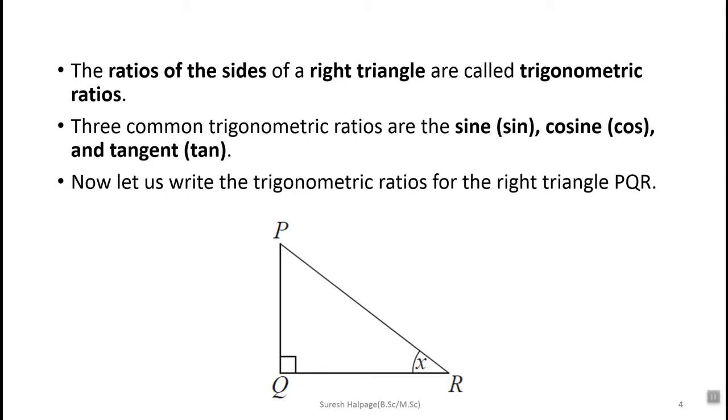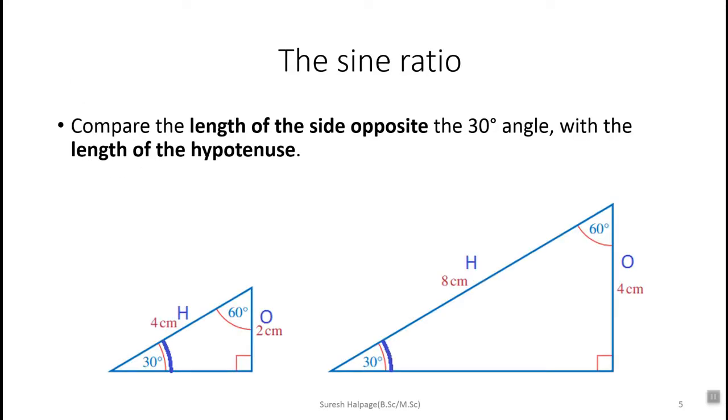Now let us write the trigonometric ratios for the right triangle PQR. The sine ratio.